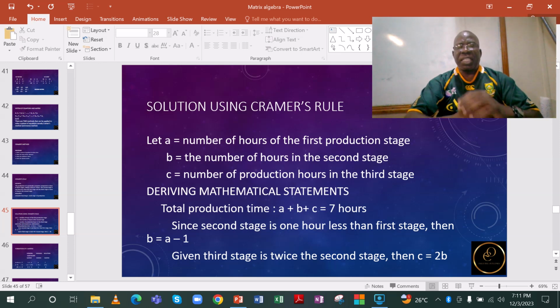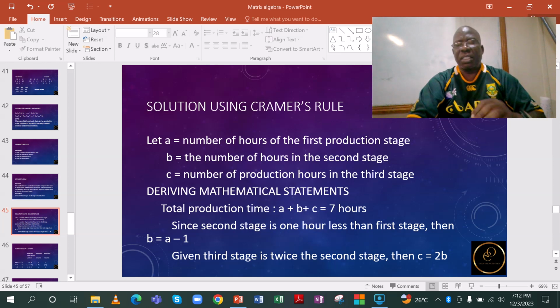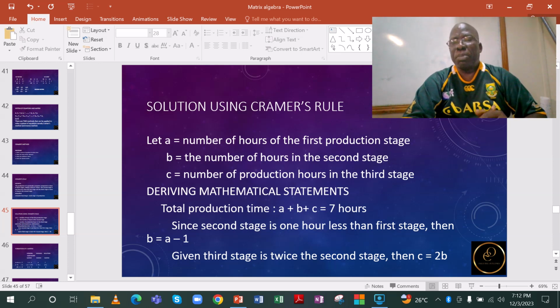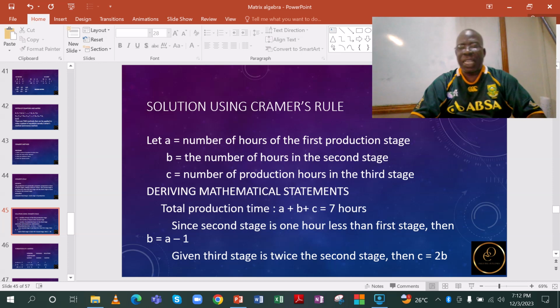Again, given that the third stage is twice the second stage, and we know B is the time of the second stage, the total number of hours C is twice the hours of B. So C is equal to 2B. That is what is given in this scenario.